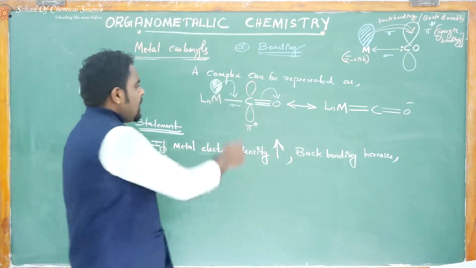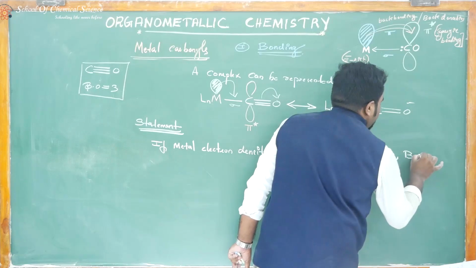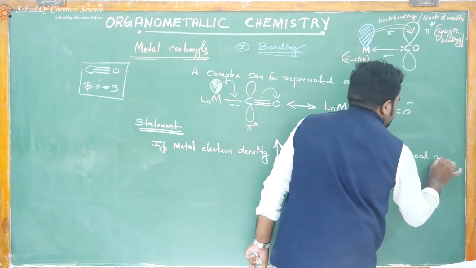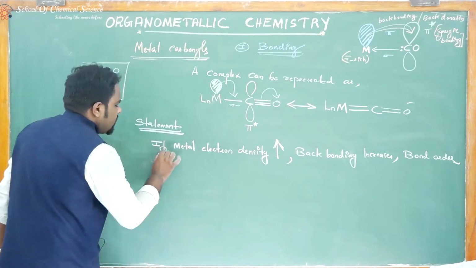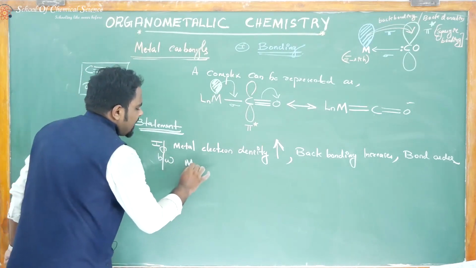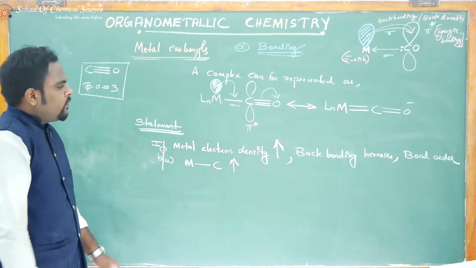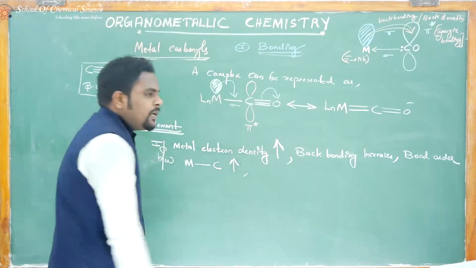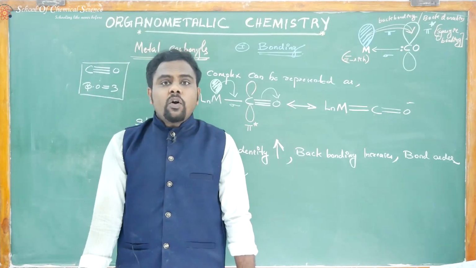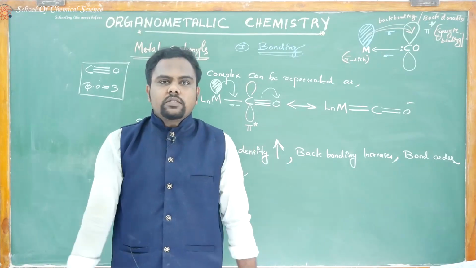Then what happens? The bond order between metal and carbon increases. That means the single bond becomes a double bond. When the metal carbon bond order increases, stretching frequency also increases.